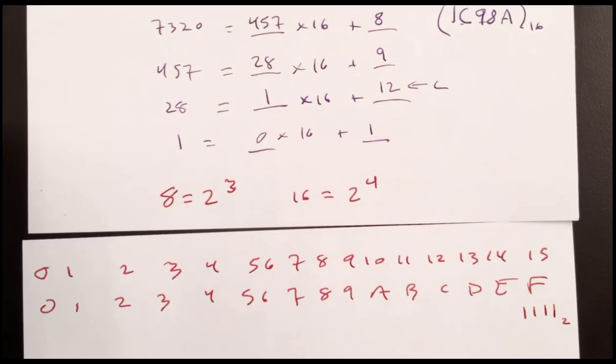The digit F is equivalent in binary to the binary number 1, 1, 1, 1. The same thing with E, but it's an 8, a 4, a 2, and no ones, right? And I can do this all the way down.